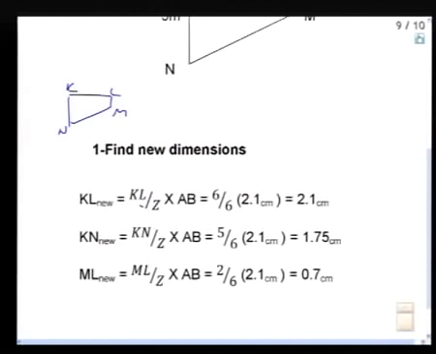The new KN is KN original, which is 5, divided by 6, multiplied by AB. The new ML is 2 divided by 6, multiplied by 2.1, right? So what did I do? I found the new dimensions, right? So I will have a new drawing, similar in shape, but different in dimensions.